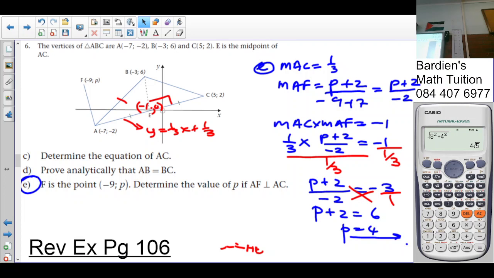Number 10. Issue number 10. Number 11. Huh?